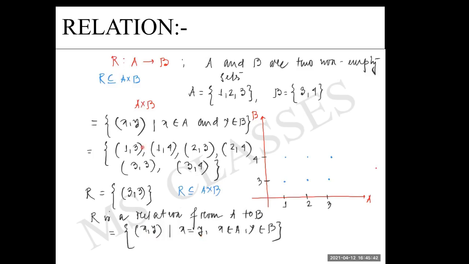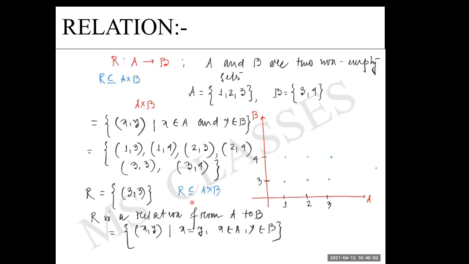Out of all these elements, you have only one option, and that is the reason we have written here (3, 3). Where the first element belongs to the first set, the second element belongs to the second set. Here, when you got (3, 3), children, the first element came from the first set, the second element came from the second set. So this is how we get the relation.